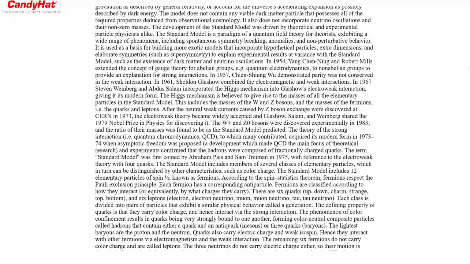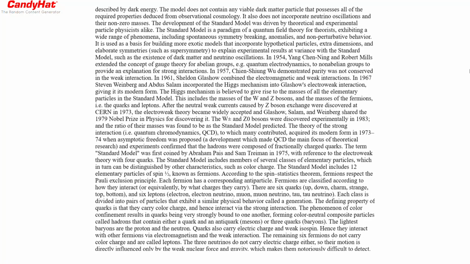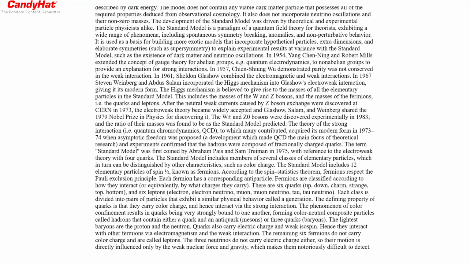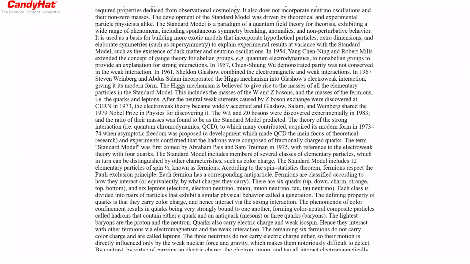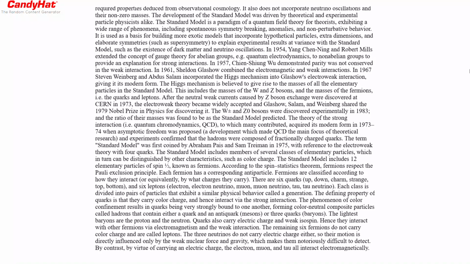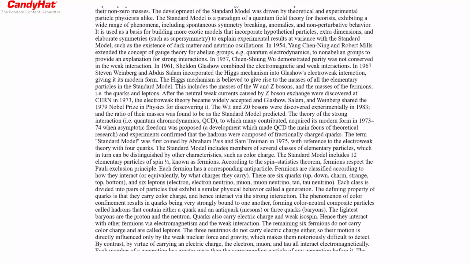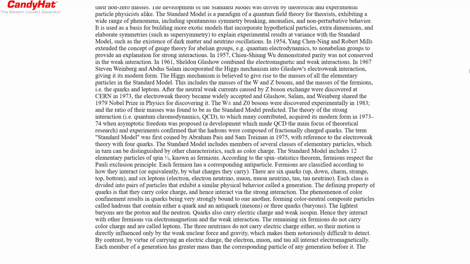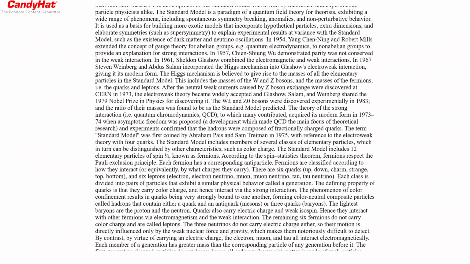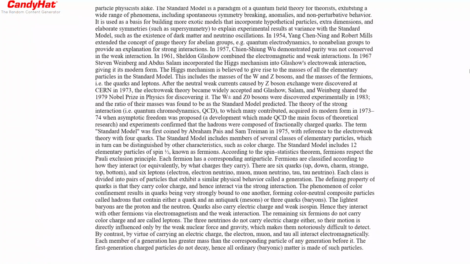Each class is divided into pairs of particles that exhibit a similar physical behavior called a generation. The defining property of quarks is that they carry color charge, and hence interact via the strong interaction. The phenomenon of color confinement results in quarks being very strongly bound to one another, forming color-neutral composite particles called hadrons that contain either a quark and an antiquark, mesons, or three quarks, baryons.